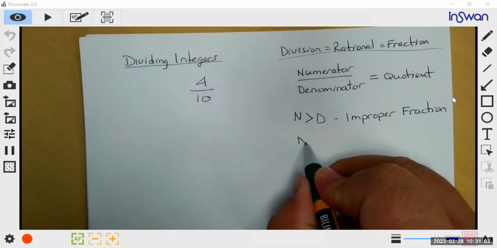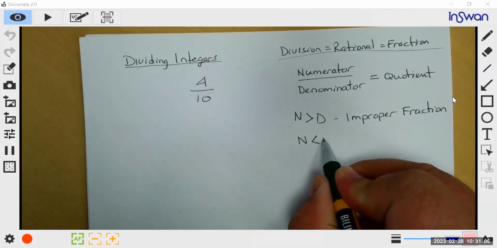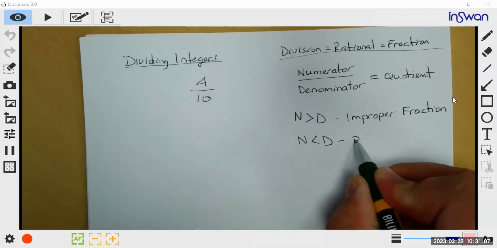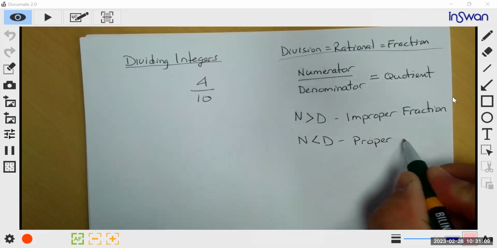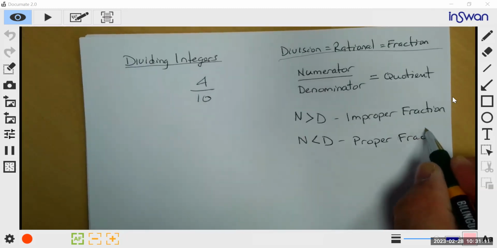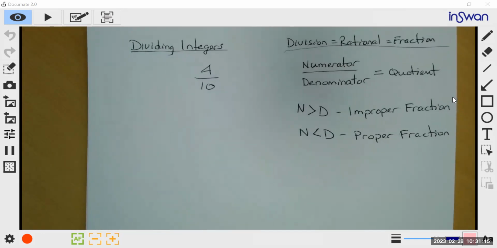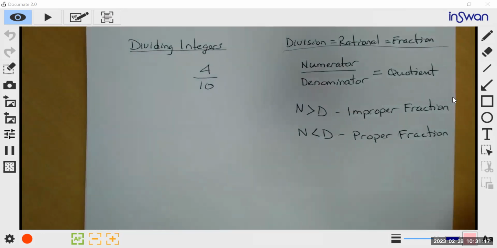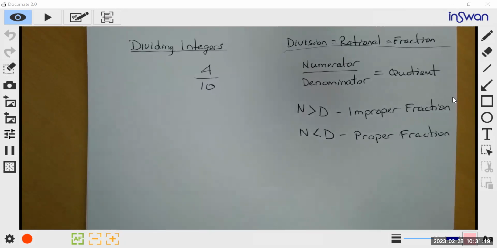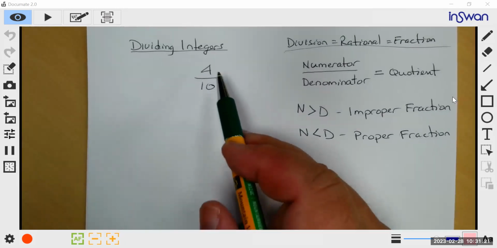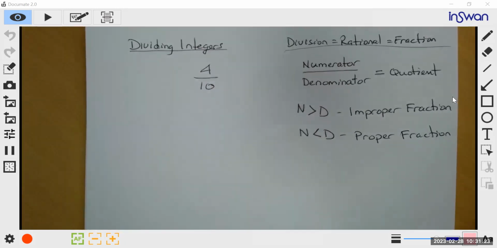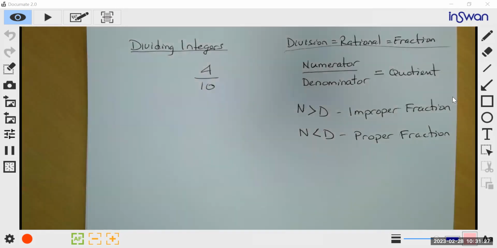If the numerator is less than the denominator, that's called a proper fraction. So is this example proper or improper fraction? It's a proper fraction because the top number is smaller than the bottom.